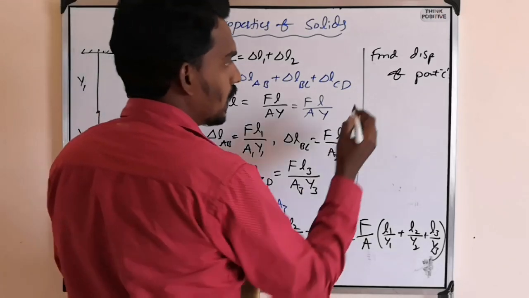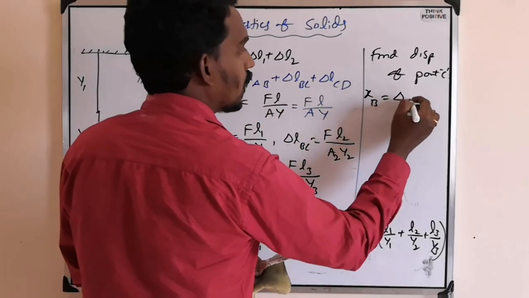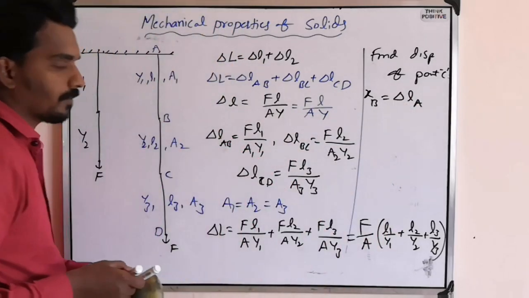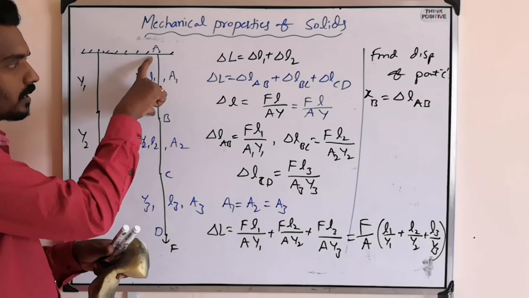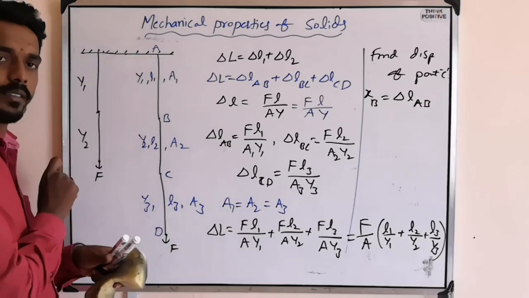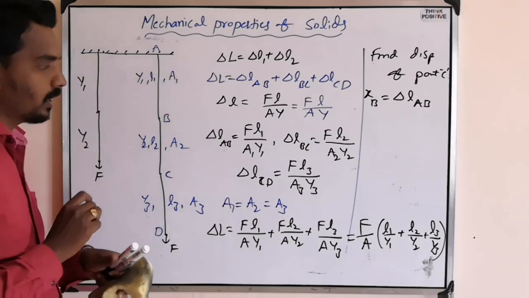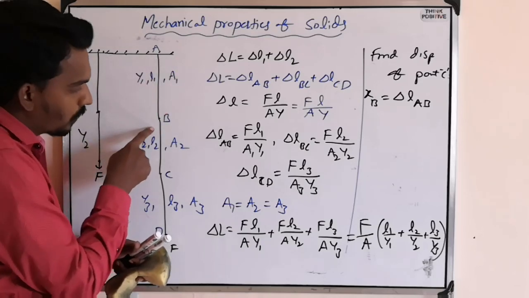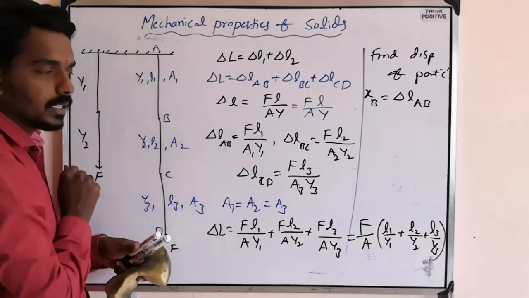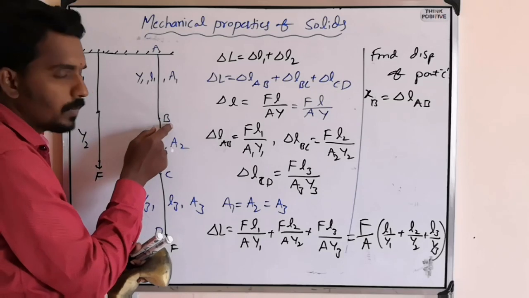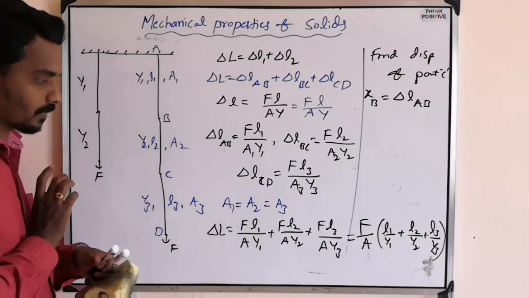So the displacement for point B is nothing but delta LAB. So whatever extension happened in wire AB, that is nothing but displacement. It got extended by something means B will come down by the same amount. So the displacement of point B is nothing but extension in AB.